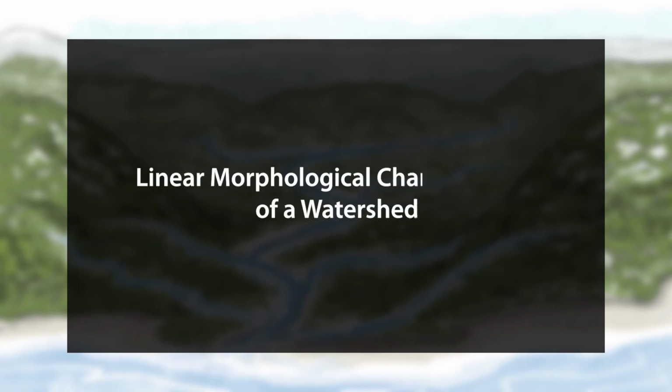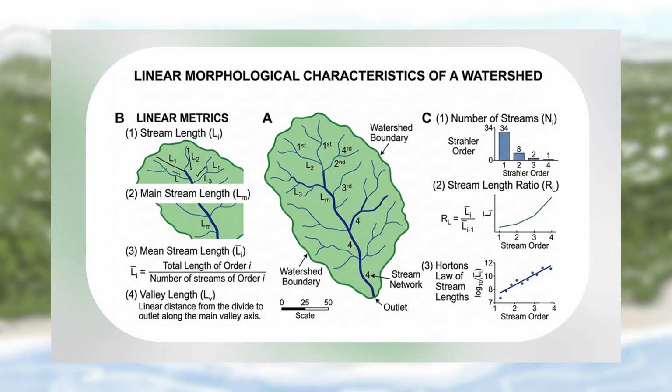Now, let us discuss one by one the linear morphological characteristics of the watershed. So, linear morphological or linear morphometric characteristics refers to the linear features of a drainage network such as stream number, length, order and ratios. So, they describe the geometry, structure and organization of a stream within a watershed.